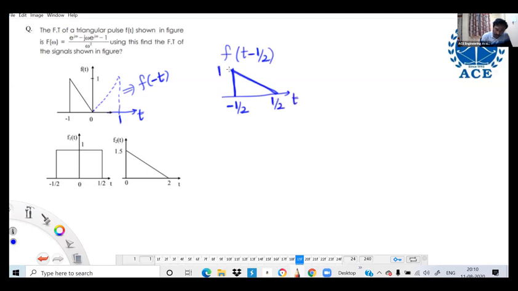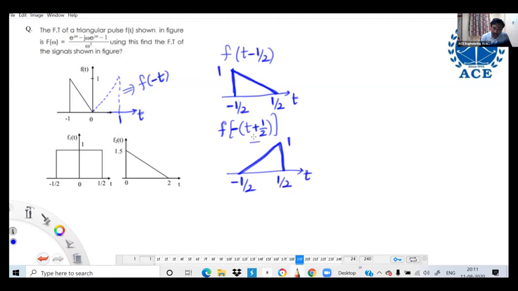Minus half to half. Similarly, this folded signal left shifted by 1 by 2 unit. F of minus t left shifted by 1 by 2 unit means where that graph will cover, minus half to half or not?